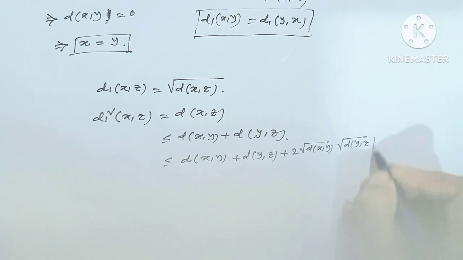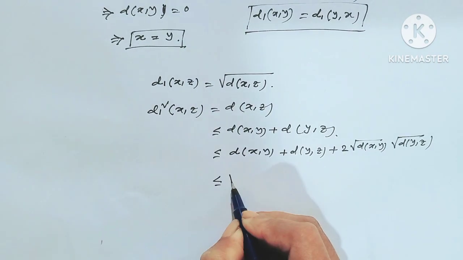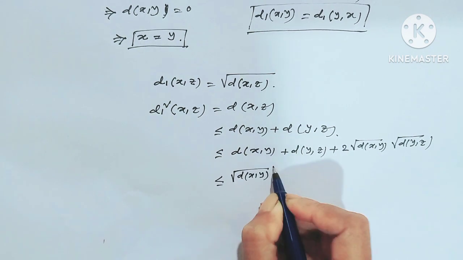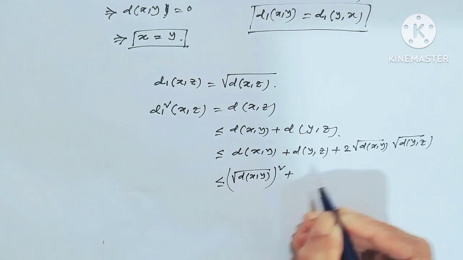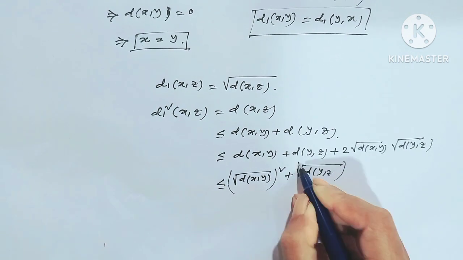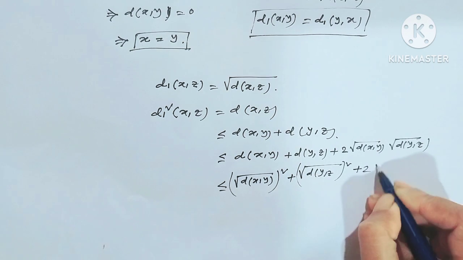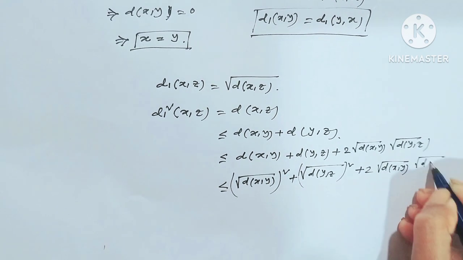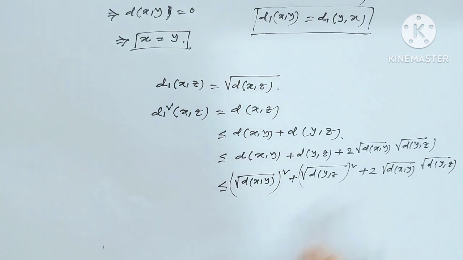We can write this as less than or equal to the square root of d(x,y) whole squared, plus the square root of d(y,z) whole squared, plus 2 times the square root of d(x,y) times the square root of d(y,z).